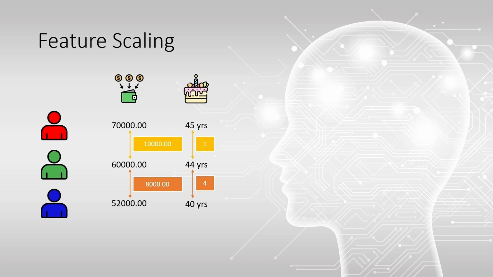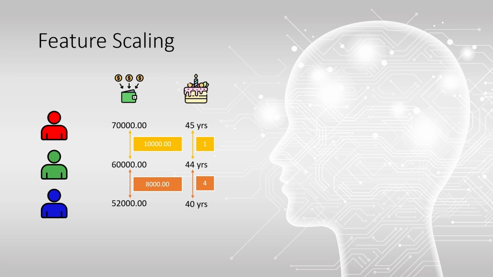Now what can happen with unscaled features, as we can see here, is that the unit values of one column can be so much larger than the unit values of the other that it might overpower. So for example, we can see that the values of 10,000 and 8,000 are much greater than the values of 1 and 4. So we might make the erroneous conclusion that, okay, we are going to ignore values 1 and 4 because those are such small differences compared to 10,000 and 8,000.